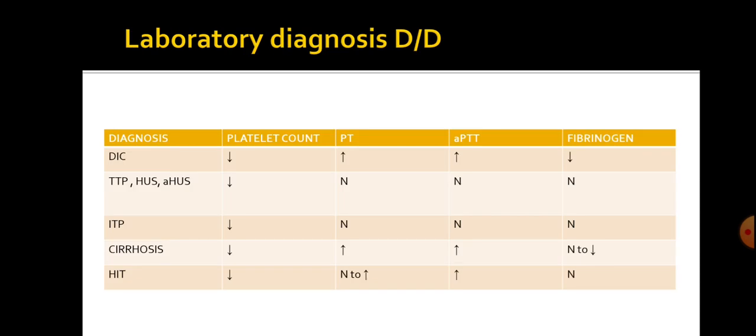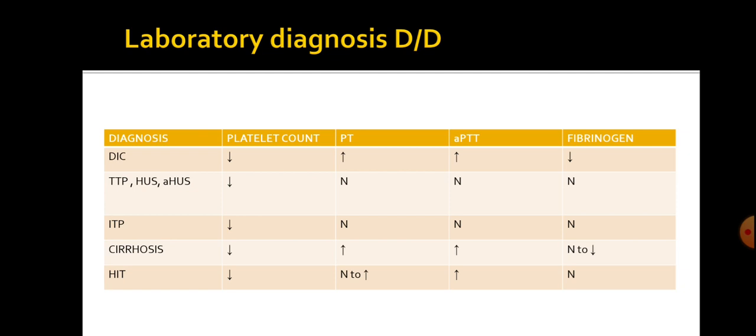Certain differential diagnoses should be evaluated from DIC, which include TTP-HUS, atypical HUS, ITP, cirrhosis, and HIT. In TTP-HUS, the platelet count is decreased, PT-APTT levels are normal, and fibrinogen level is normal. In ITP, platelet count is decreased, PT-APTT are normal, fibrinogen level is normal.